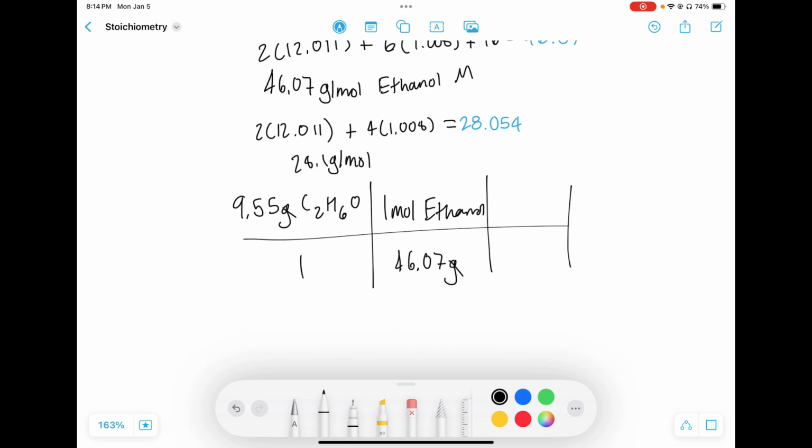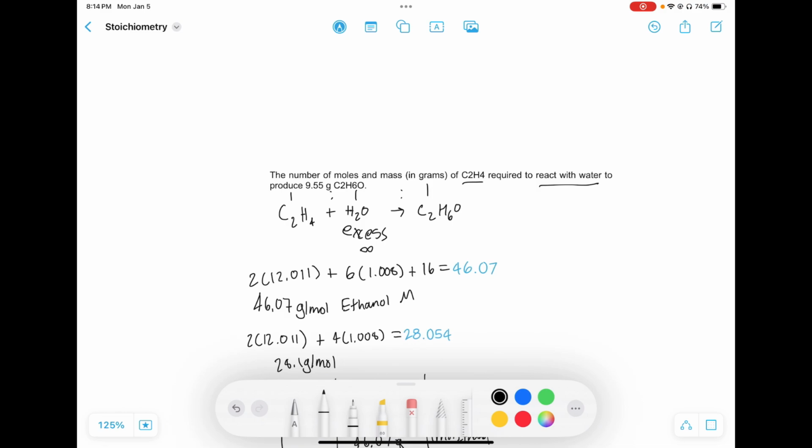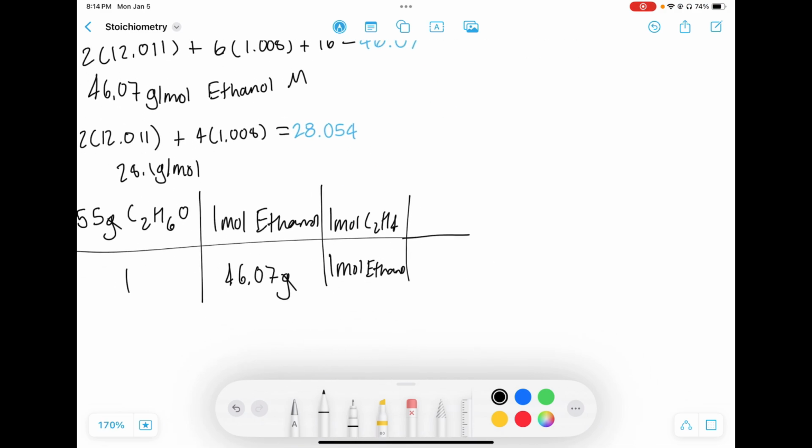But we don't need to do that right now because we can just go all the way across. So now 1 mole of ethanol reacts exactly with 1 mole of ethene.